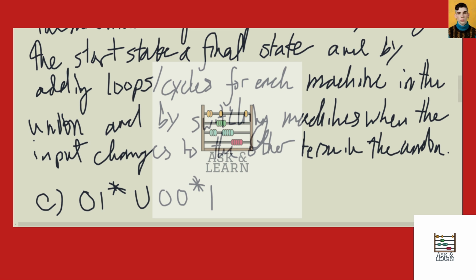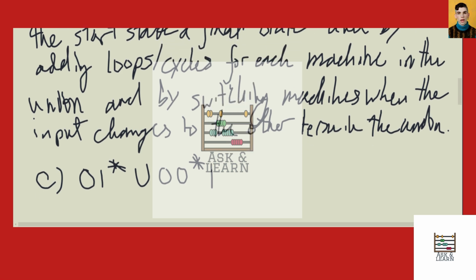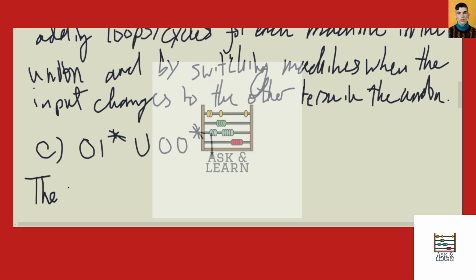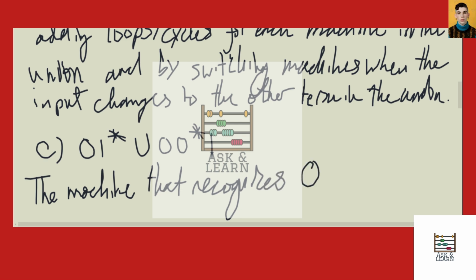So we have that the machine that recognizes 0 is the third image in figure 3a, and the machine that recognizes 1 star is the second image.